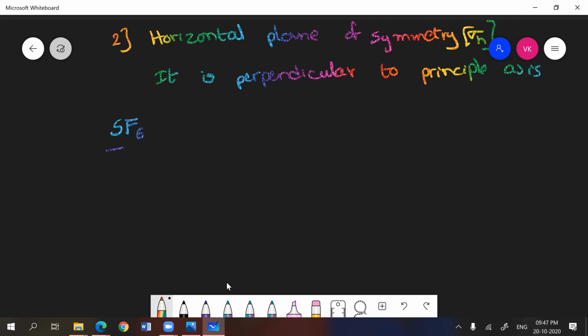Example, if I take SF6. The structure of SF6 has 4 equatorial fluorine atoms and 2 axial fluorines. Here this is the principal axis, the C4 axis. But I said the plane is perpendicular to the principal axis.